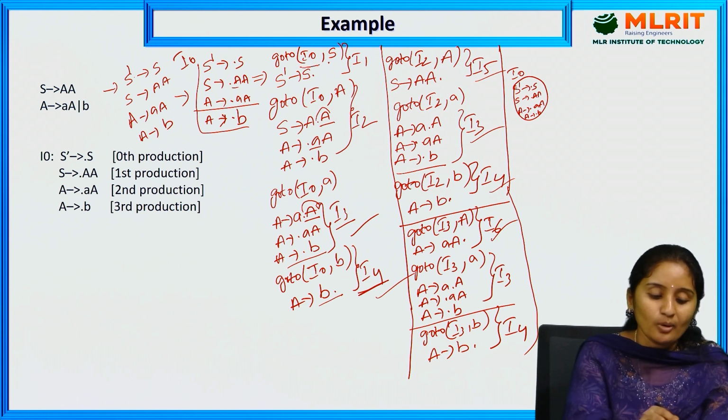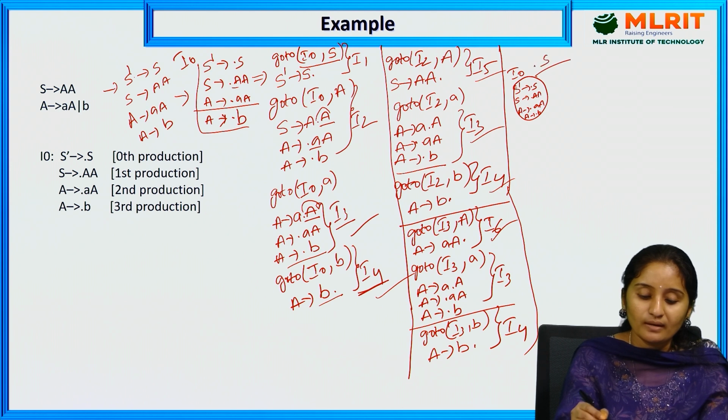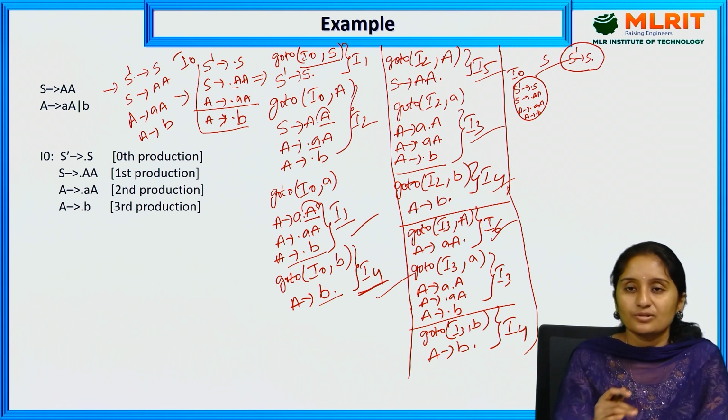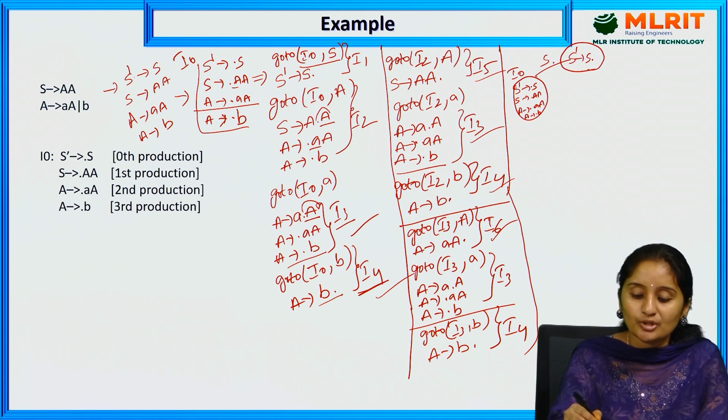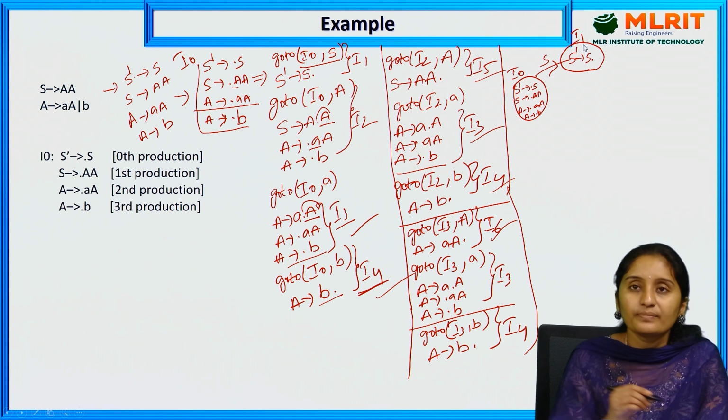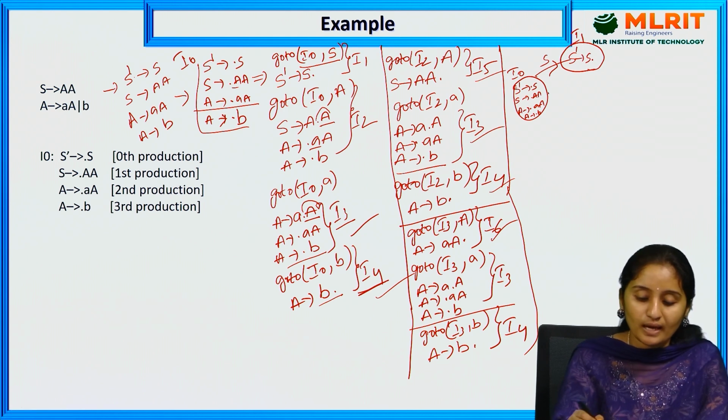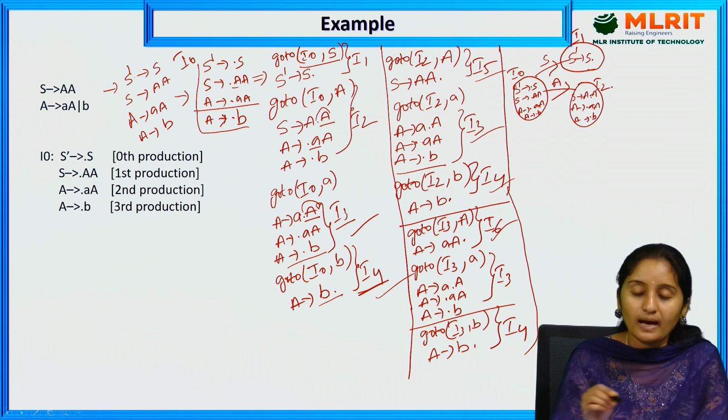I0 on S, in which state is it moving? I1. The production is S dash tends to S dot. This is my I1 production. Next, I0 on capital A: S tends to A dot A, A tends to dot AA, A tends to dot B. This is the I2 state.